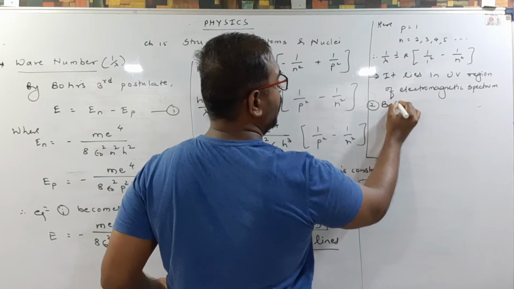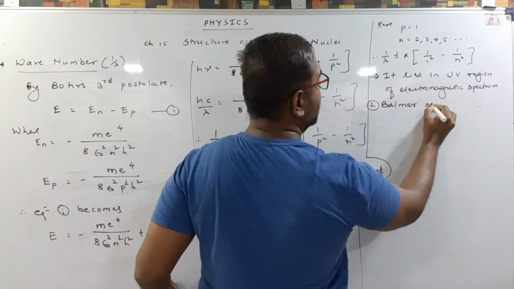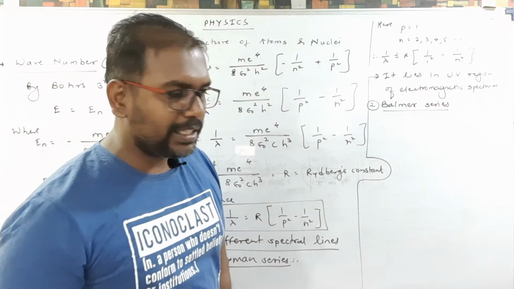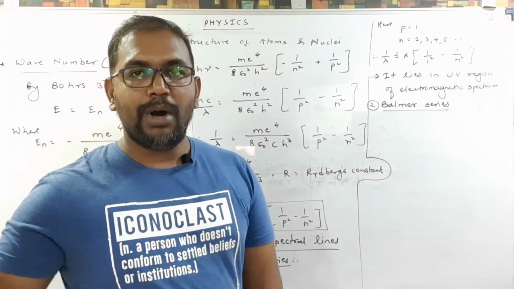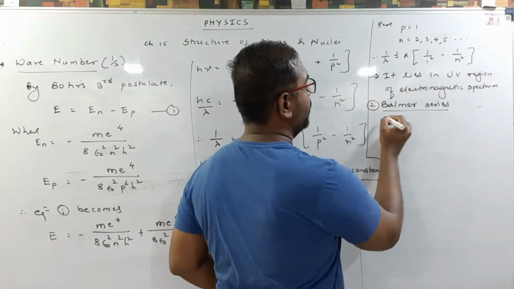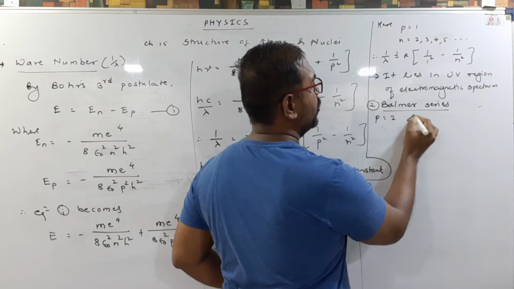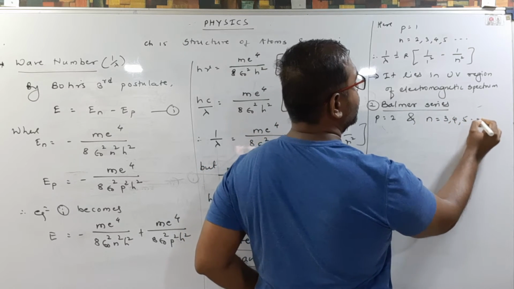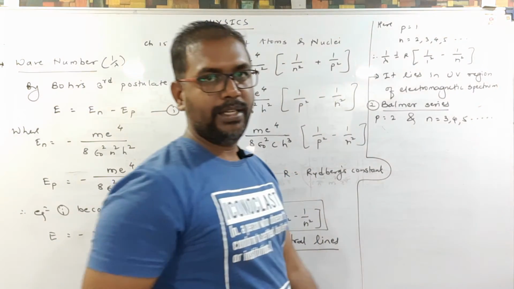Balmer series. After Lyman, the next one is Balmer. Here the electron jumps from an outer orbit to inner orbit 2. So the inner orbit is 2 and the outer orbit is 3, 4, 5, 6, 7 up to infinity.